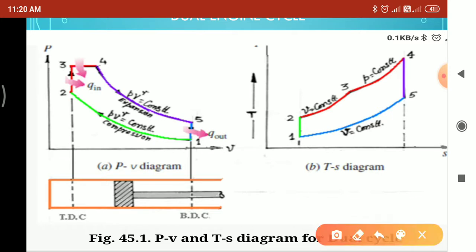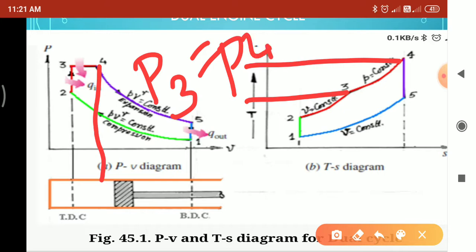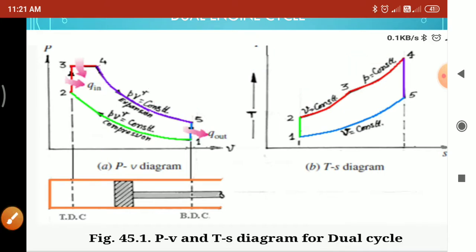Next, process 3 to 4. In this process again heat is added from an external source and the piston moves from TDC to BDC, meaning volume increases from V3 to V4 and temperature increases from T3 to T4, but pressure remains the same, P3 equals P4.